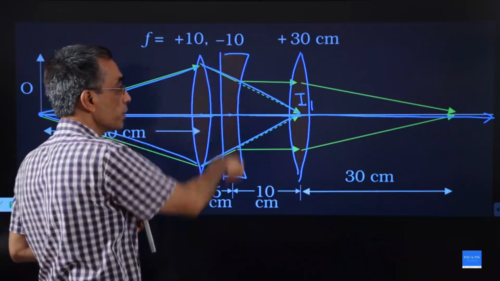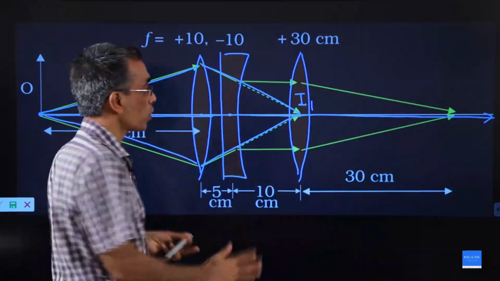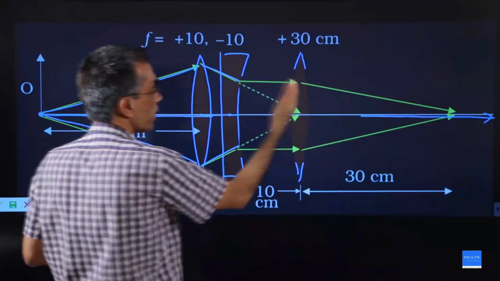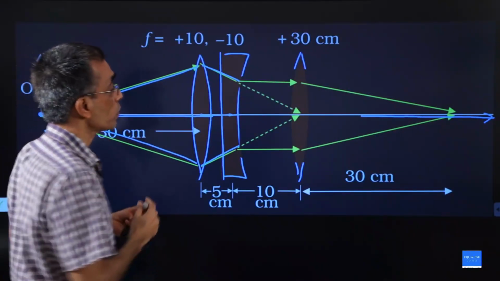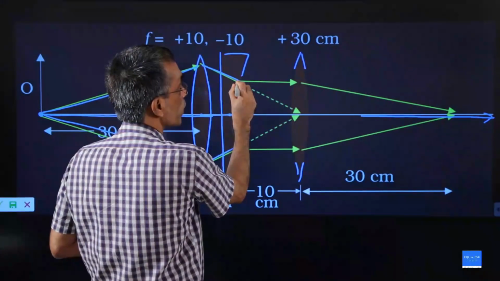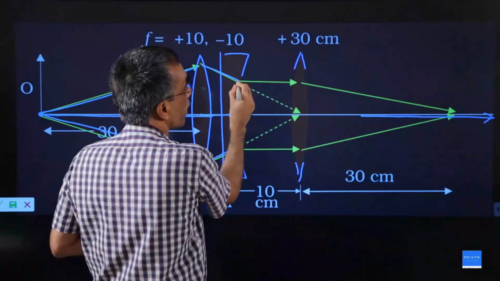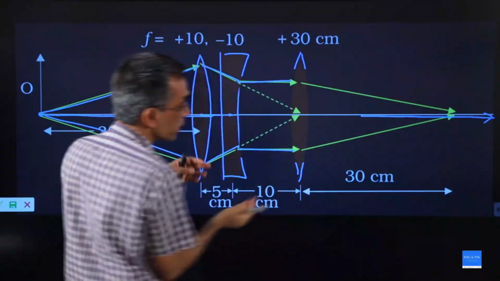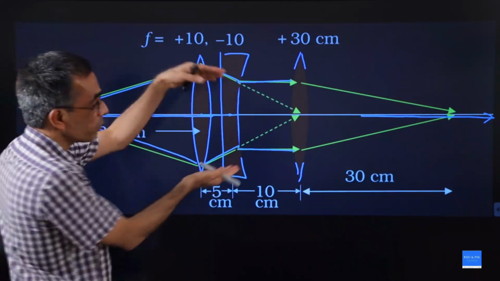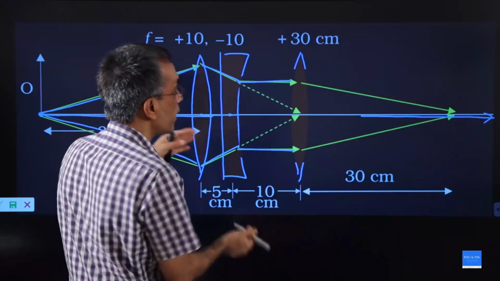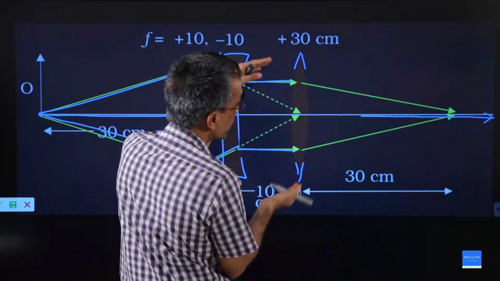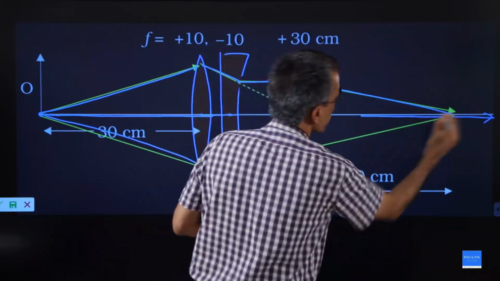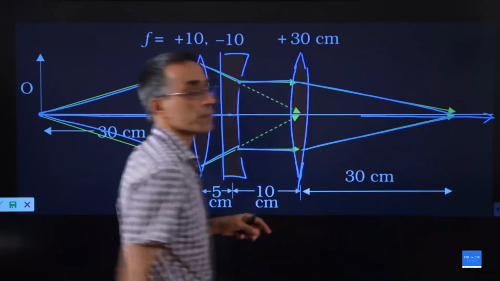But what happened? In between it is intercepted by a plano-concave lens, so this light ray cannot reach the point 30 centimeter. From here, this will get deviated, and this is going to infinite distance. Infinite distance means it will become parallel to the principal axis, and parallel light rays incident on a convex lens like this will definitely focus to its principal focus.